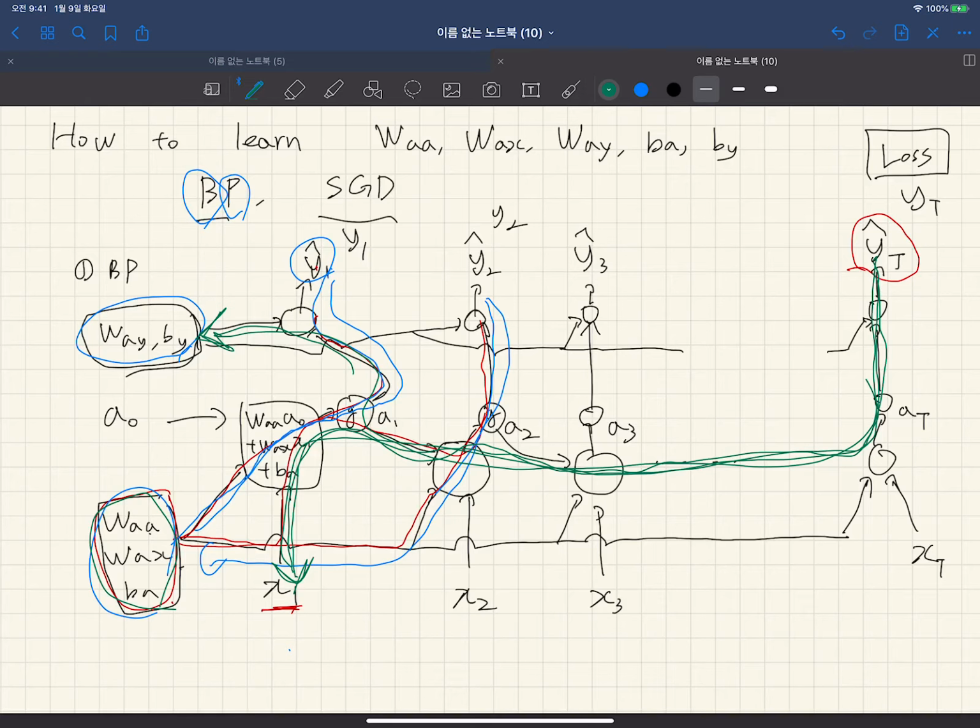Okay, but when you look at these green passes, you have to go through many hidden states. You have to go through many A1, A2, A3 up to A capital T. And at each time, you have to multiply the same matrix WAA, WAX at each point.